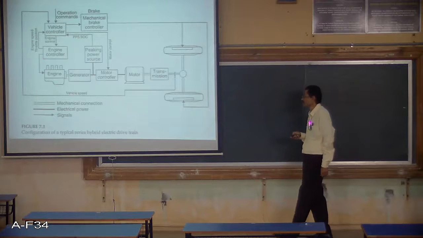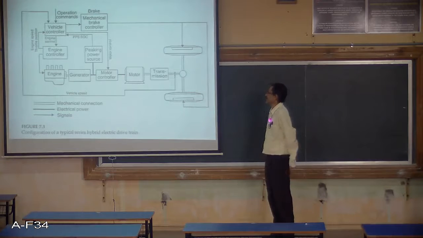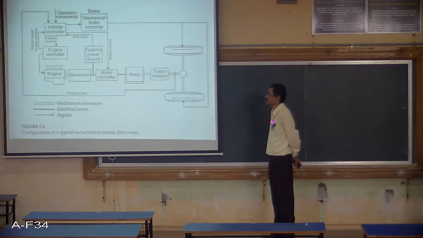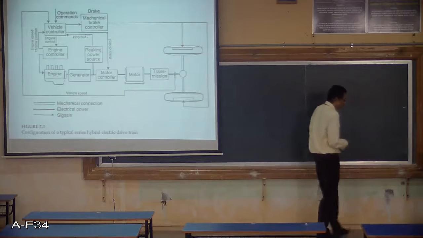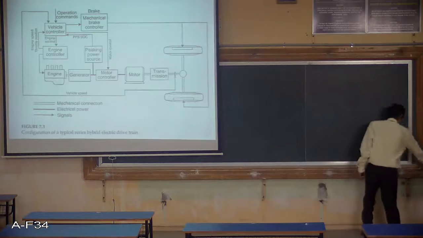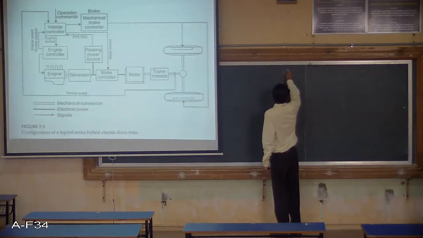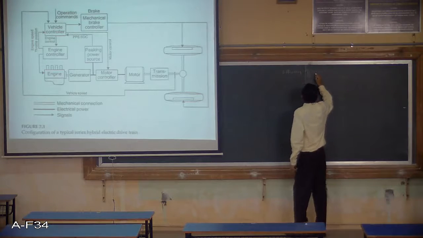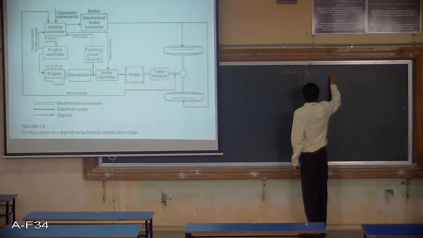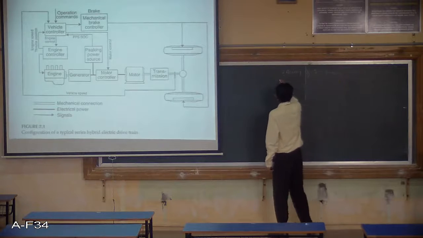And also we have seen in the earlier part that at a particular output power, the engine can operate at maximum efficiency. So the efficiency curve, as you see, is the efficiency of the IC engine with respect to output power.